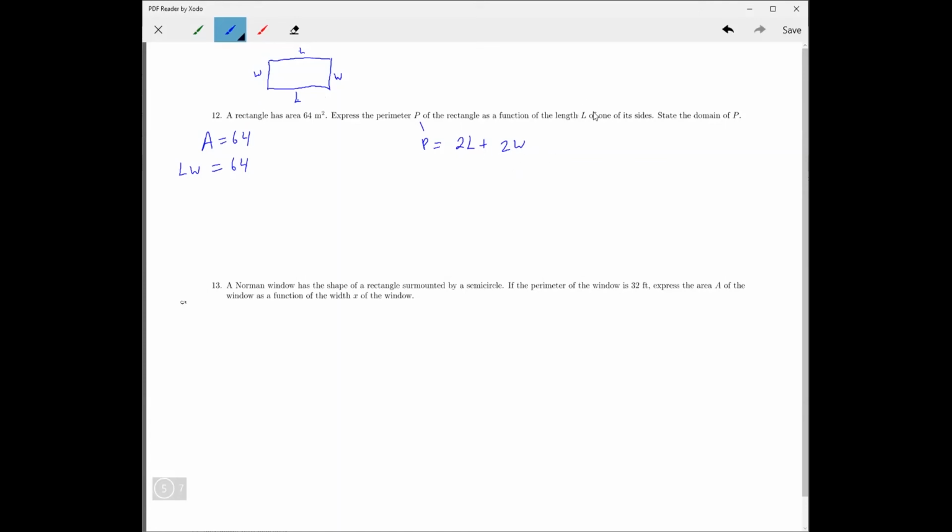Now we want it only in terms of the length, L. So we have to get rid of this W somehow in this formula. You come over here, and you know that the length times W is 64. That means that W is 64 over L. So we plug that in and simplify.